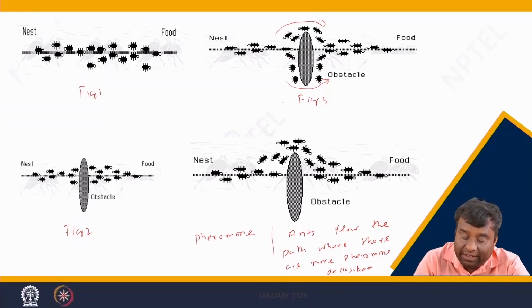When they are moving, they are depositing some pheromone on their trail. Ants follow the path where more pheromone is deposited. So if there are more ants, then ultimately nobody will come to this side. Everybody will come to this side. So this is the concept of ant colony optimization.